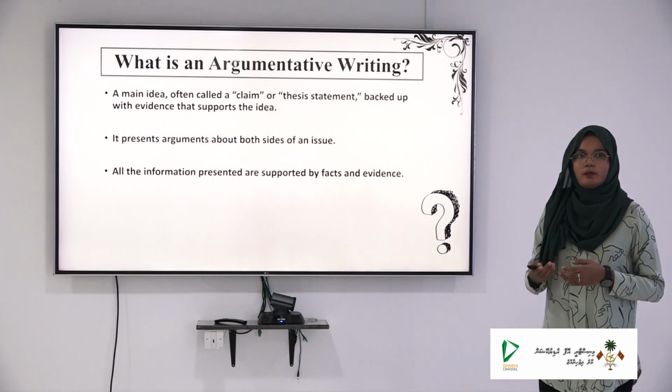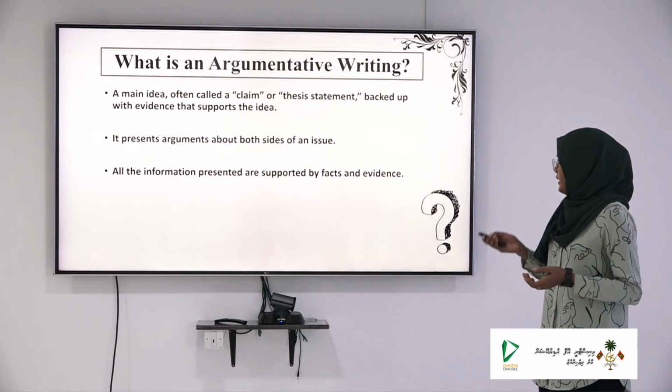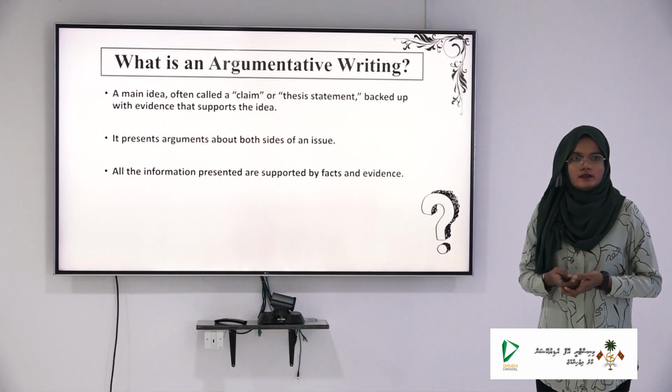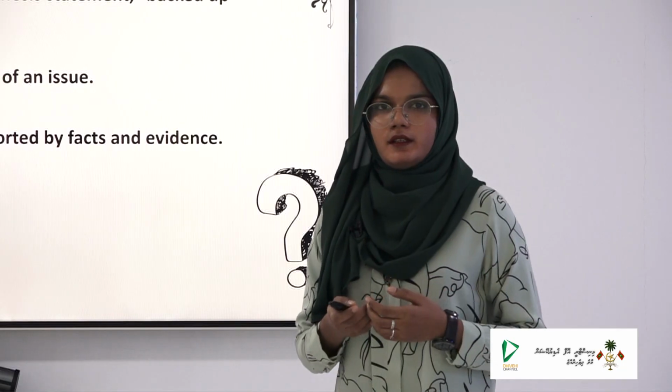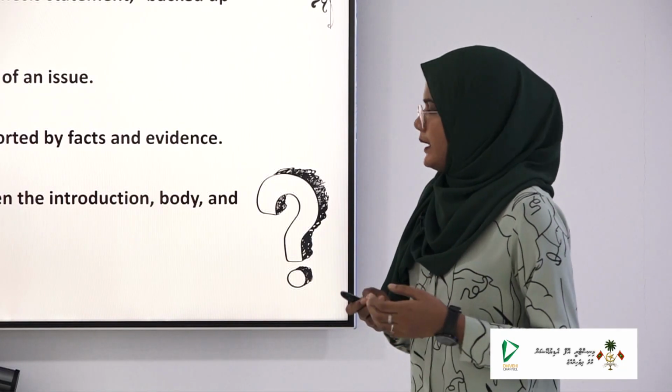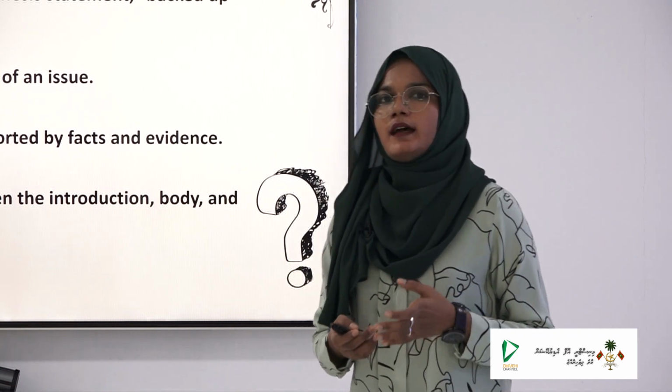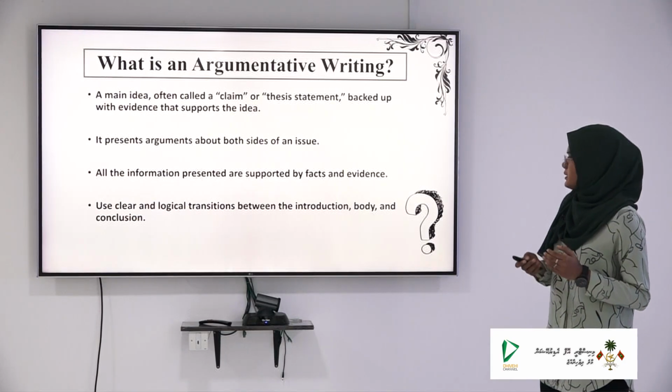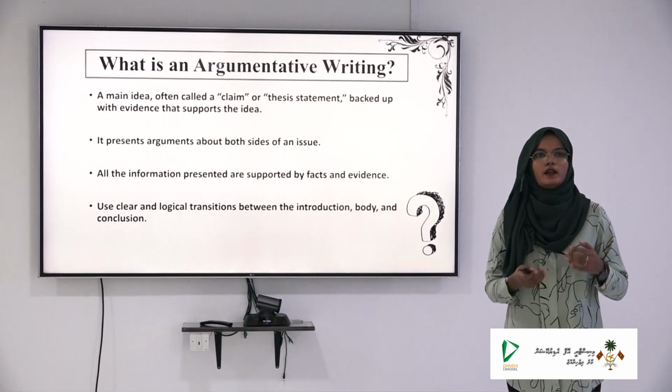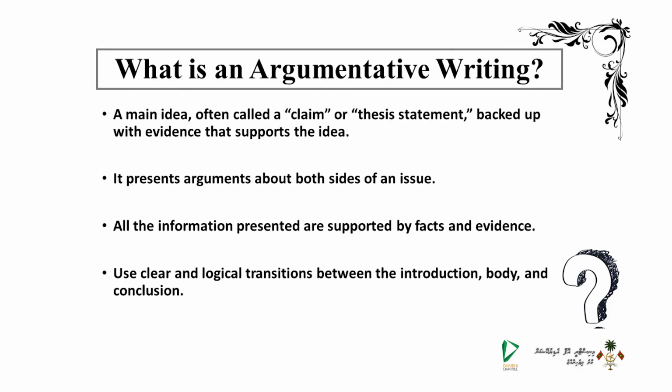So it is very important to have facts and evidence while you're writing an argumentative writing. The next thing is to use clear and logical transitions between introduction, body, and conclusion, which means we have to have a link between these three factors, the introduction, the main body, and the conclusion.